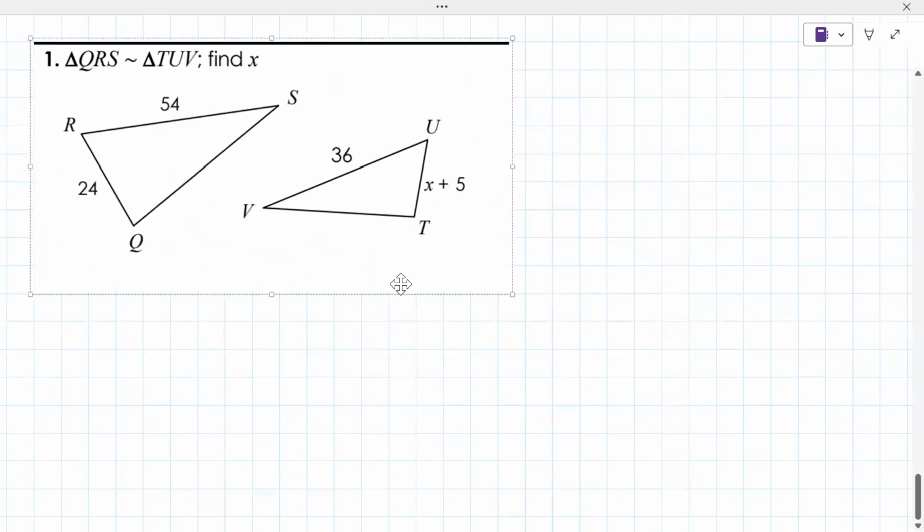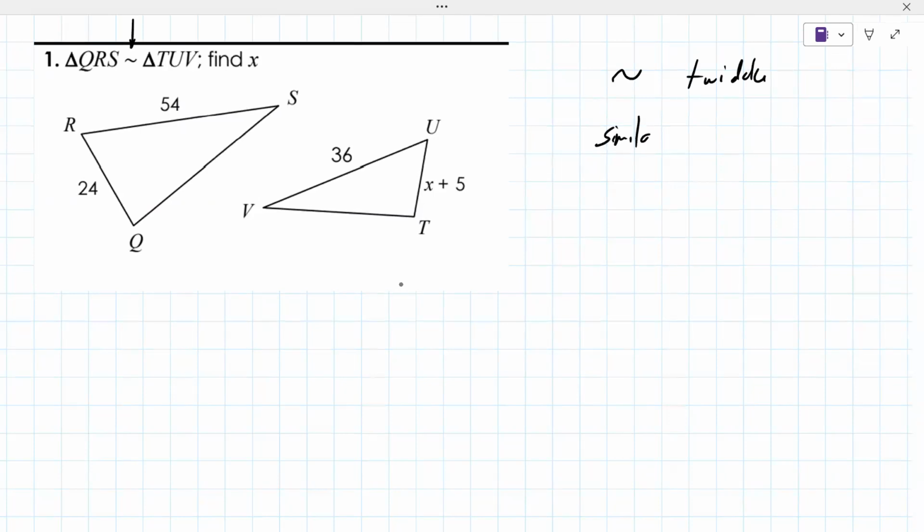So with similar triangles, which is kind of where you are, maybe sort of, they often give you two triangles. This little twiddle here, I call that a twiddle in programming. It means similar in geometry. It means they're not the same size, but they've got the same proportions.